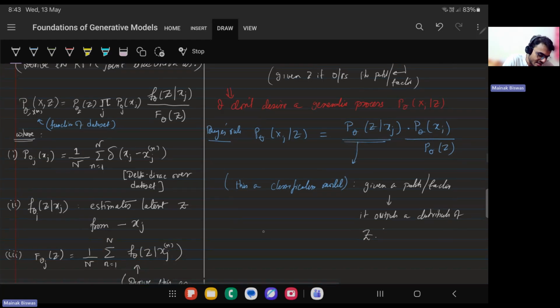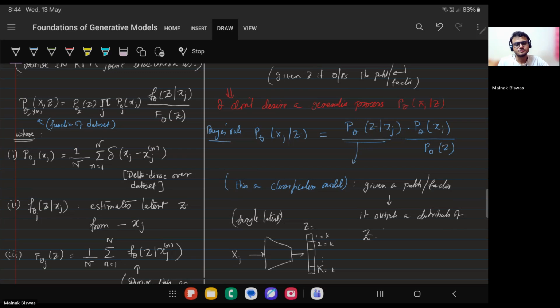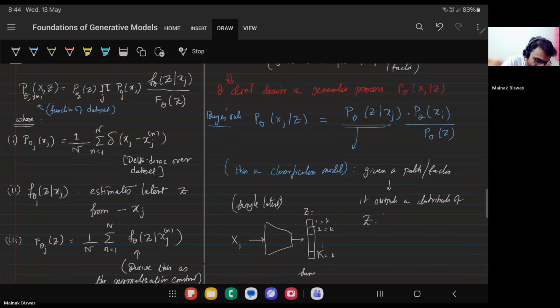So it's like saying that I will pass it through a neural network. If you have a single latent, I'll pass xj, and I'll get a categorical distribution of z: whatever probability I have for category k equal to 1, k equal to 2, all the way to capital K, if you have K levels in the latent. So this is for a single latent.